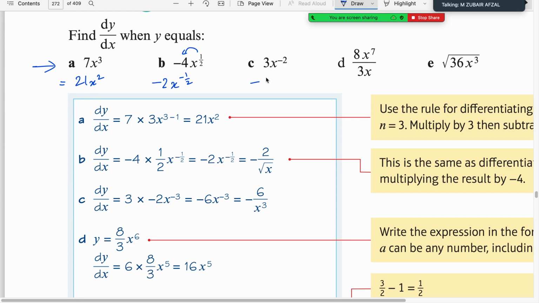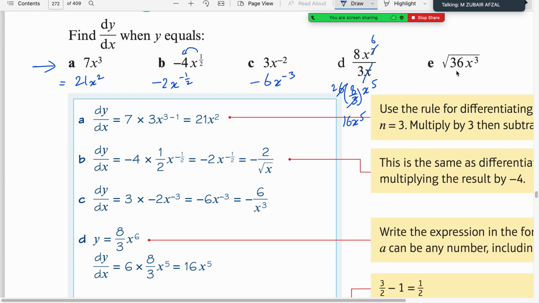Multiply the power minus 6, then subtract 1 from the power is minus 7. X goes with this, 6 is left, 3 and 8 has nothing to do, constant never disturbs you, so 6 into 8 by 3 and reduce 1 from the power. Now this is just simplification. 2 8 times is 16 x 5.